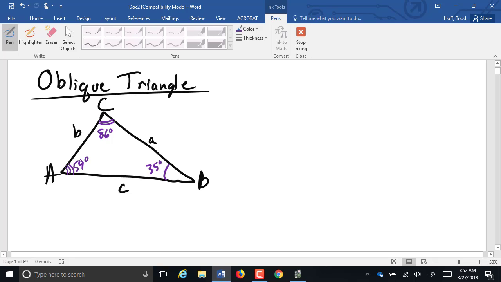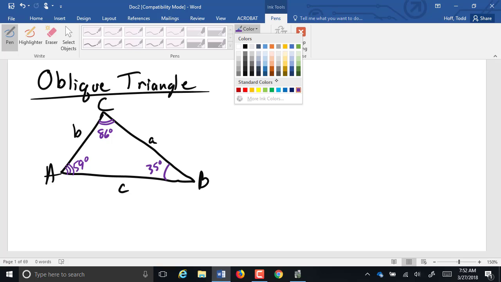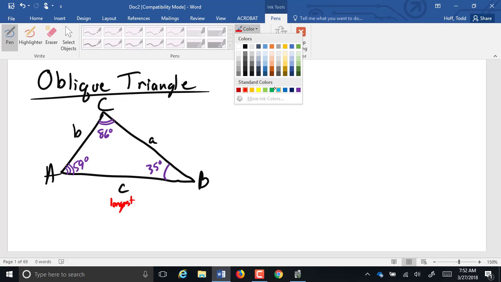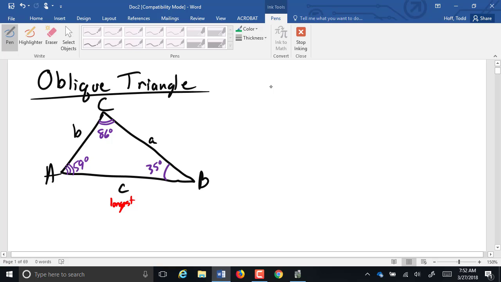Yeah, they have to add up to 180, so A is going to end up being 59 degrees. Which side has to be the longest side? C, because it's across from the largest angle. Which side has to be the shortest side? B, because it's across from the smallest angle.